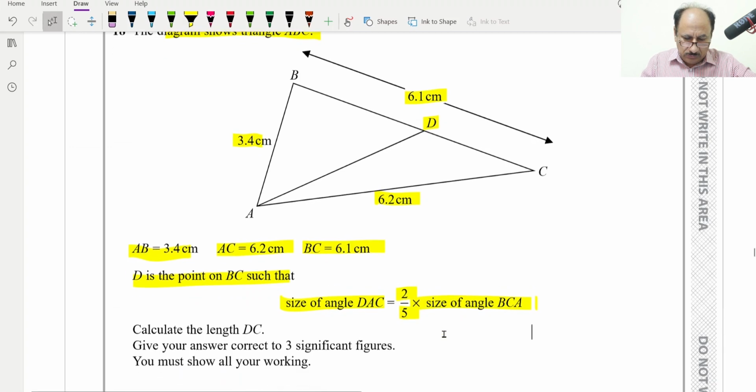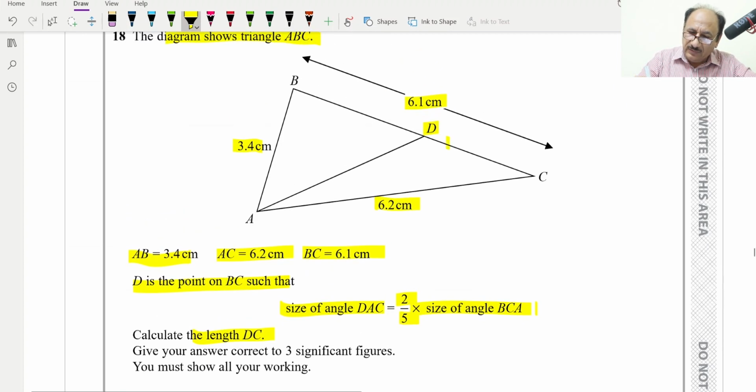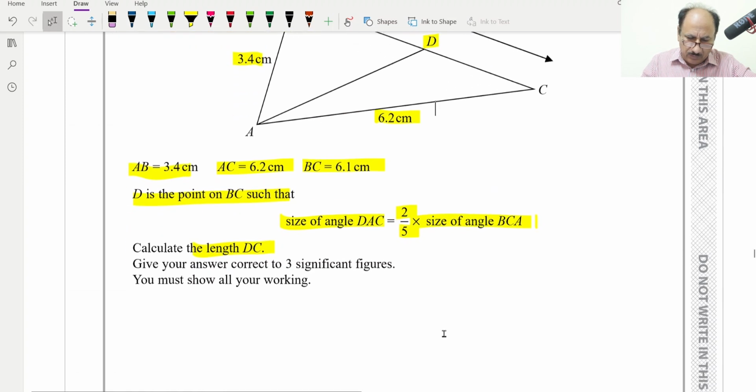Calculate the length of DC. This length is required. The answer they are looking for is in 3 significant figures, and they are asking for the whole working also, complete working.